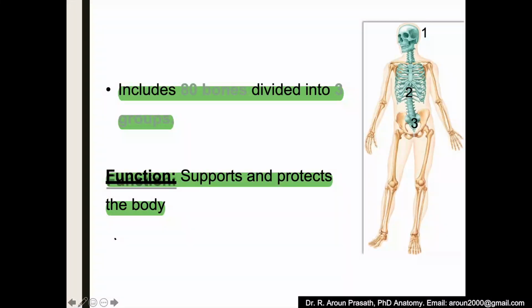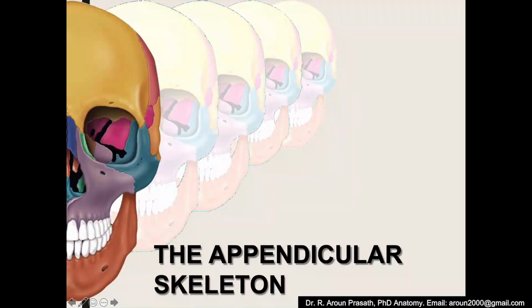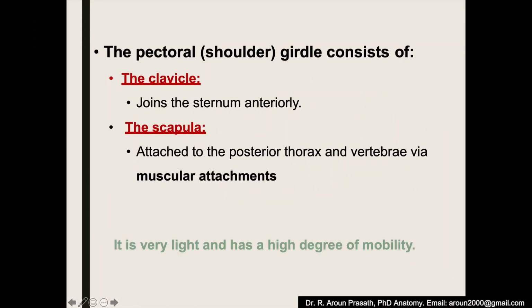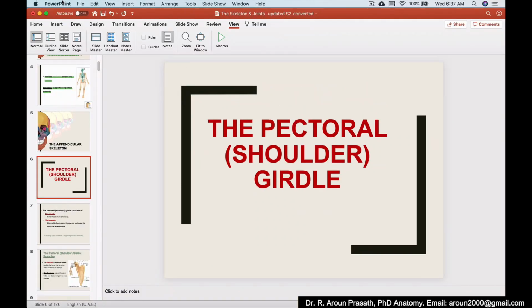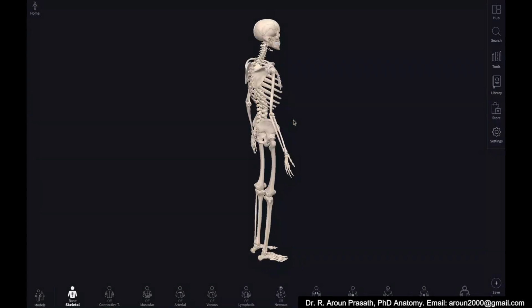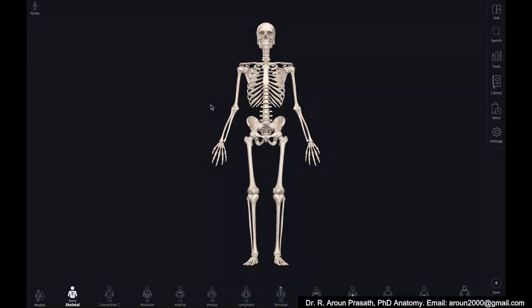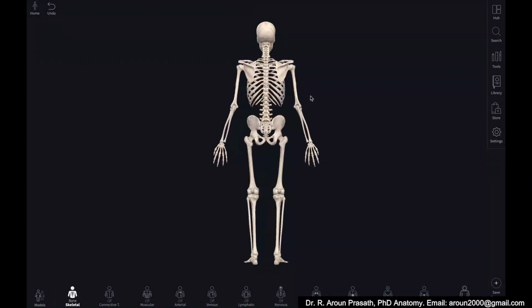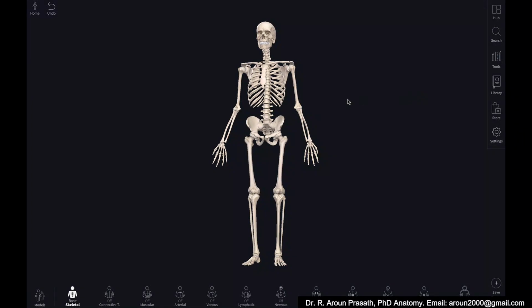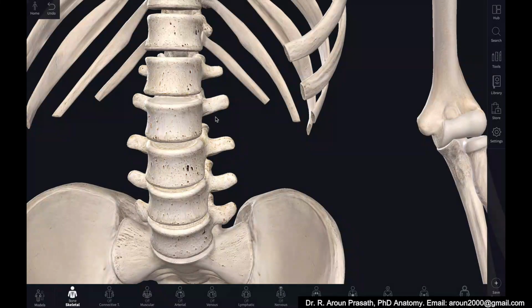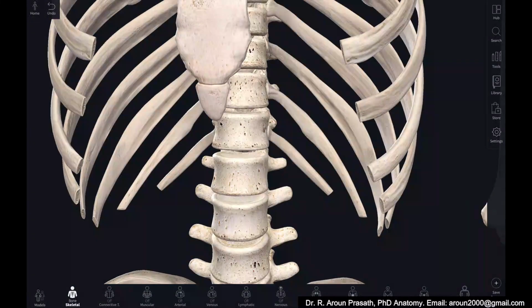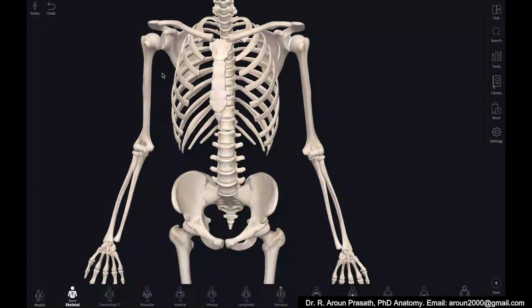So coming to the appendicular skeleton, let's start with the pectoral girdle bones. What you see here is a complete skeletal system of the human body. Yesterday we discussed the presence of cartilages at the ends of bones.